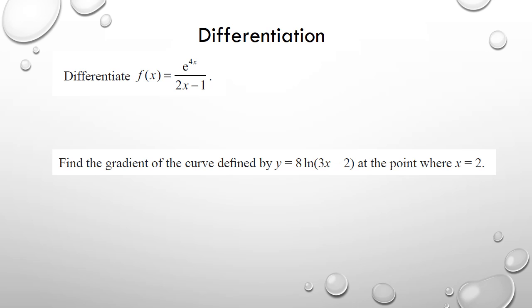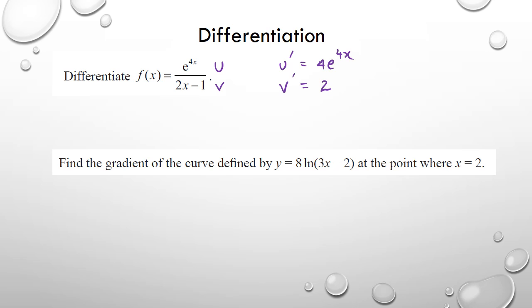Got a couple of differentiation questions here, folks. The first one, we're looking at it, it's quotient rule. Oh, I hate it when they use f of x. Let's use u and v. So u dash is going to equal 4e to the 4x, and then v dash is equal to 2.